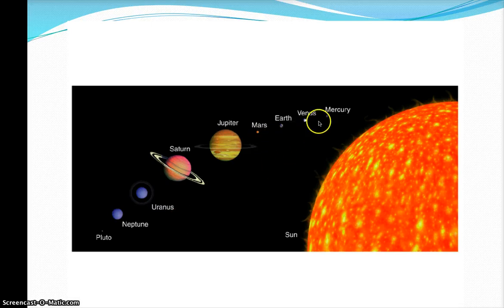Okay, so we have the four planets closest to the sun. We call these the terrestrial planets. The next four planets we call the Jovian planets. And the Jovian planets have characteristics in common as well. They're very large. They have low densities, actually, because they're primarily made of hydrogen and hydrogen compounds.